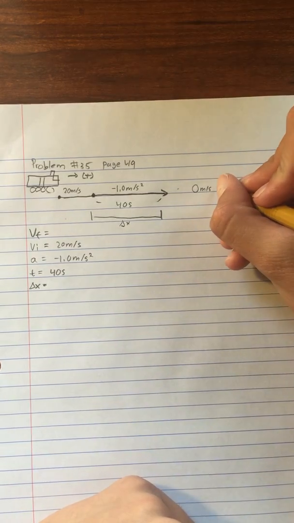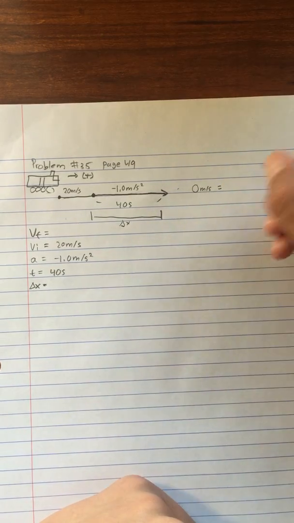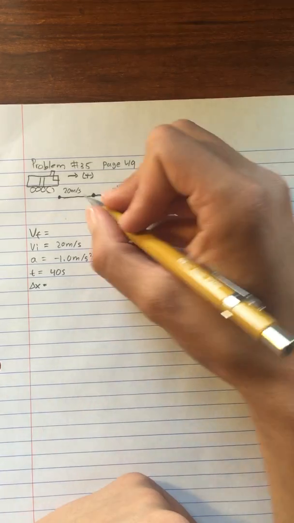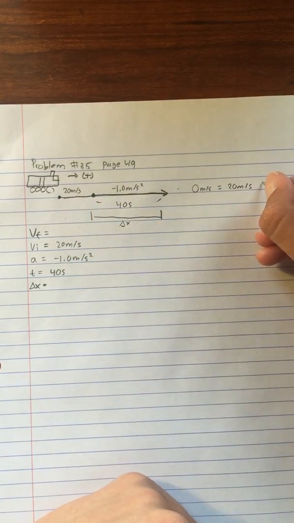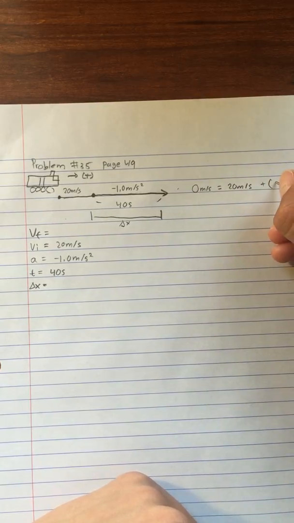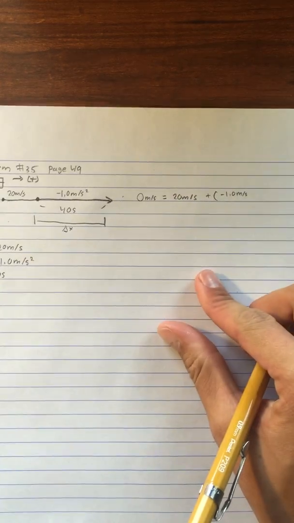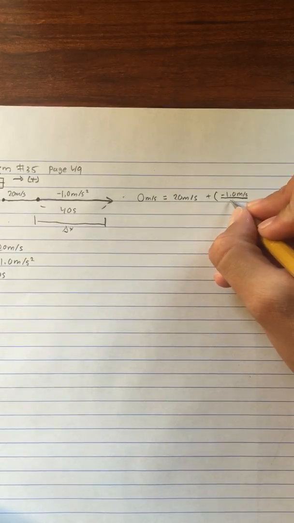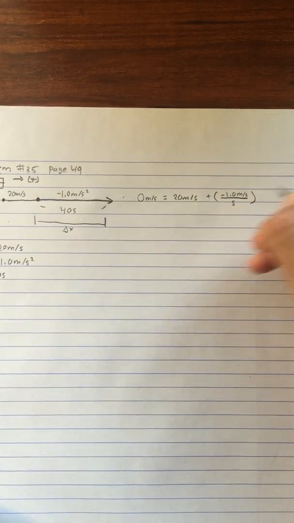So 0 meters per second equals 20 meters per second, our current velocity at this instant, plus our acceleration. Acceleration is meters over seconds squared, but another way to say it is -1 meters per second for every second that goes by.